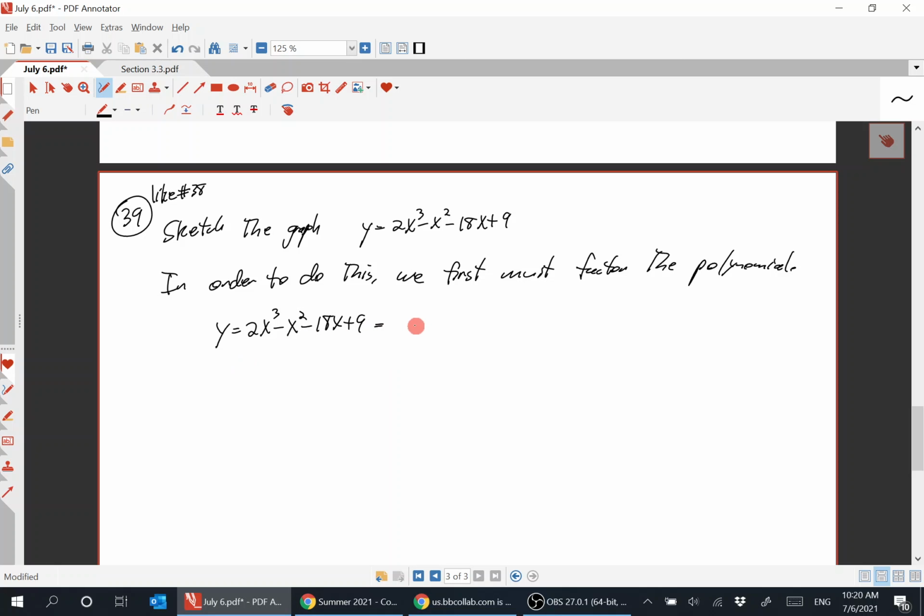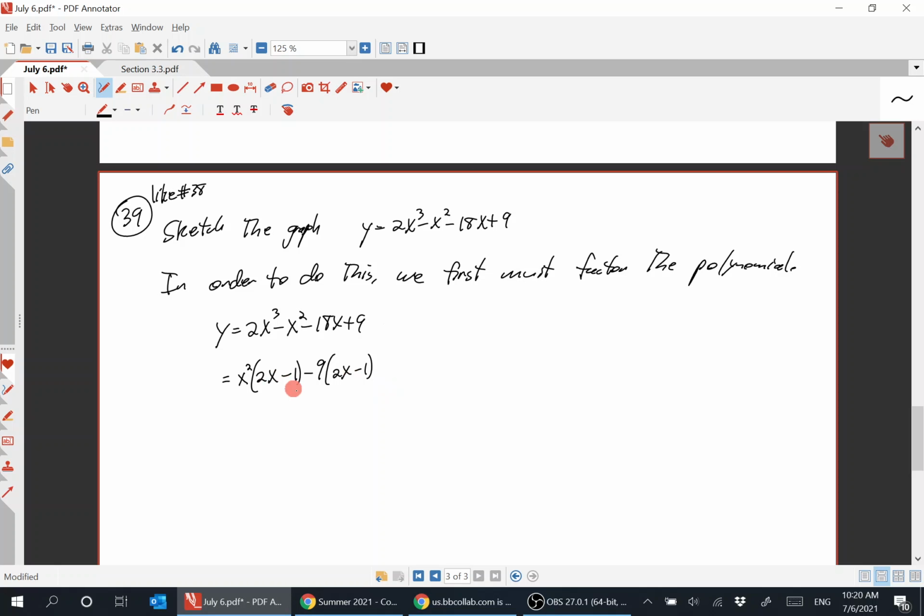Let's do it this way. The first two terms have a common factor of x squared. So it's always going to be x squared times a constant, and then you're left with 2x minus 1. And then in the other two terms, you've got a factor of, let's take minus 9, and you're left with 2x minus 1, not plus 1, minus 1, right?